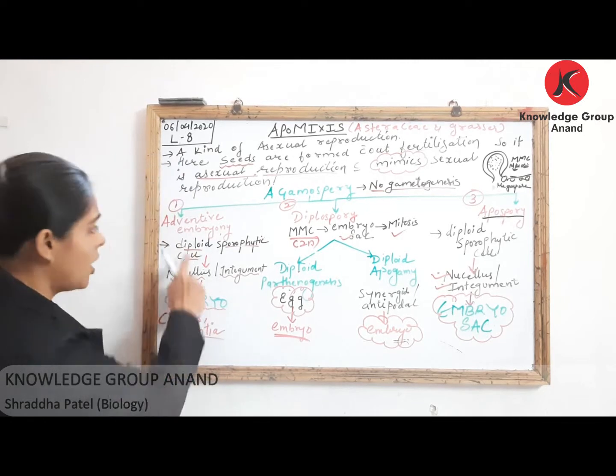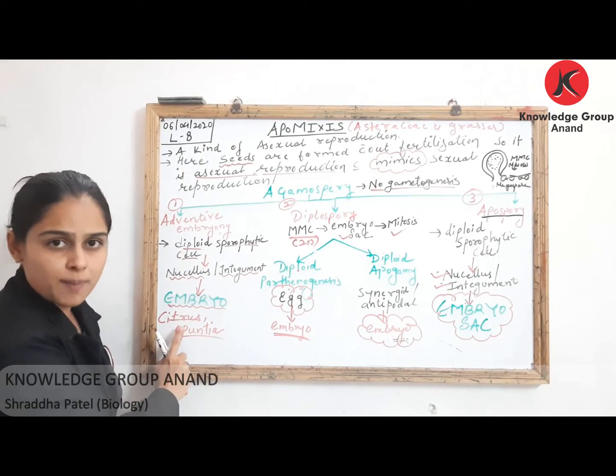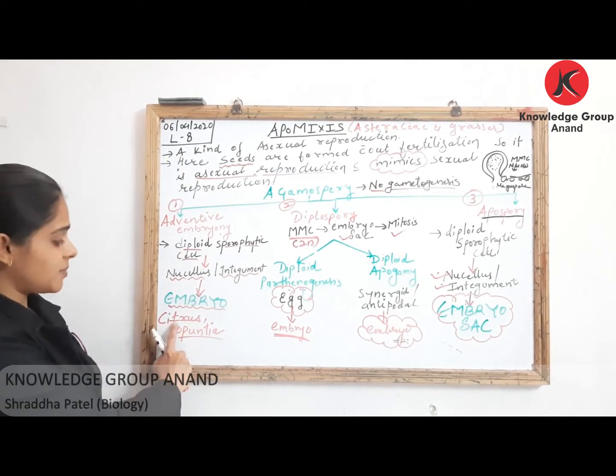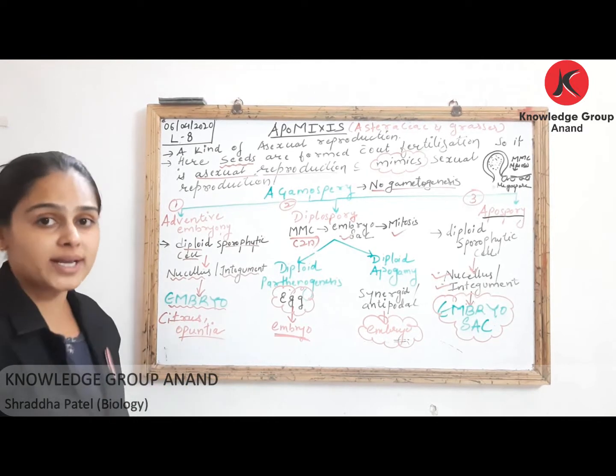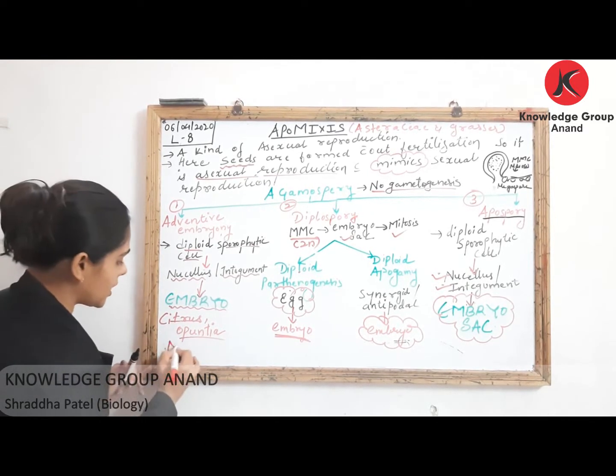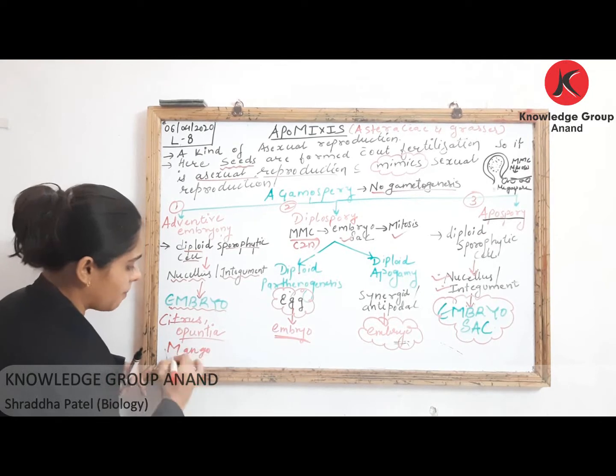Okay, यहाँ पे आ जाओ. Adventive embryony if we are talking about, right? So this is exhibited by citrus, and one more example if I want to plot over here is your mango.